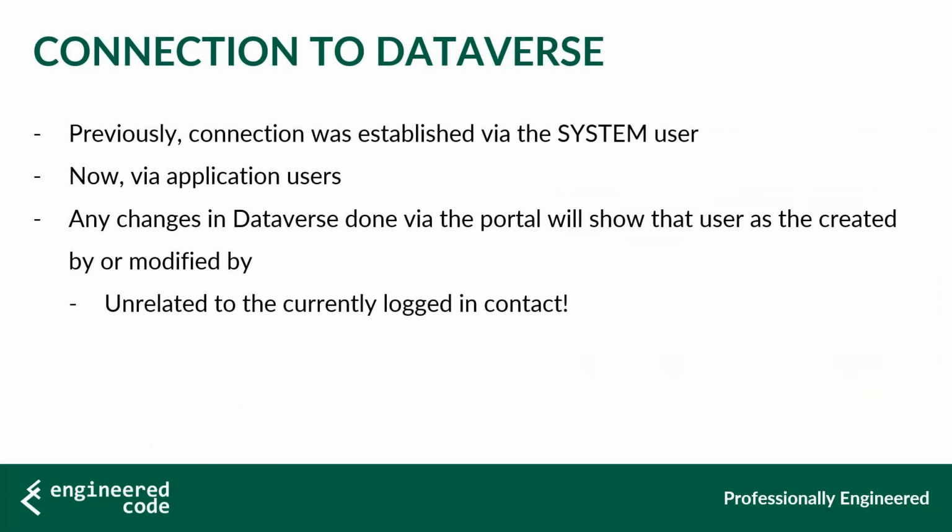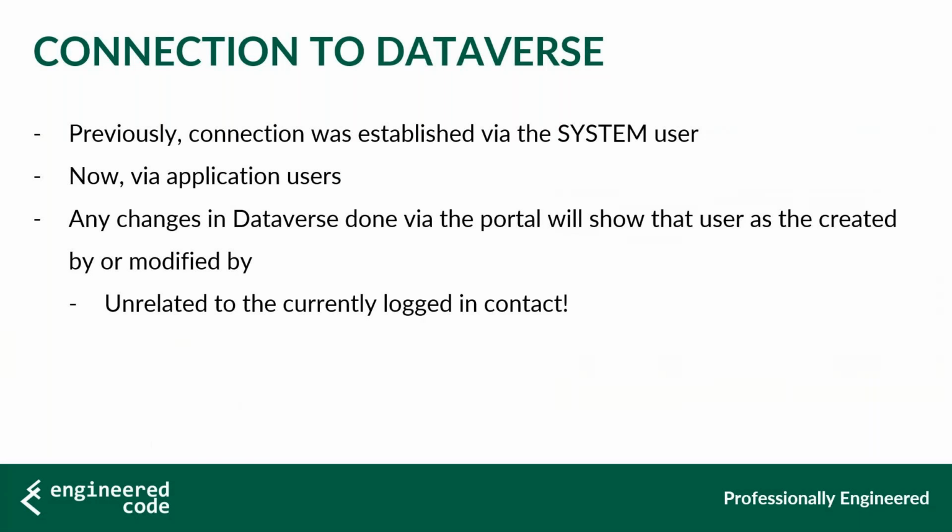So the created by or the modified by will show up as that portal app registration. It won't show up as the person who's on the site, because the person on the site is a contact, and the created by, modified by has to be a user. And so the user is based on its connection to Dataverse, and that's based on that app registration.